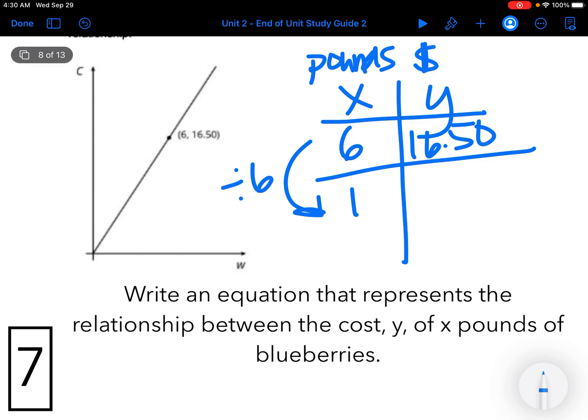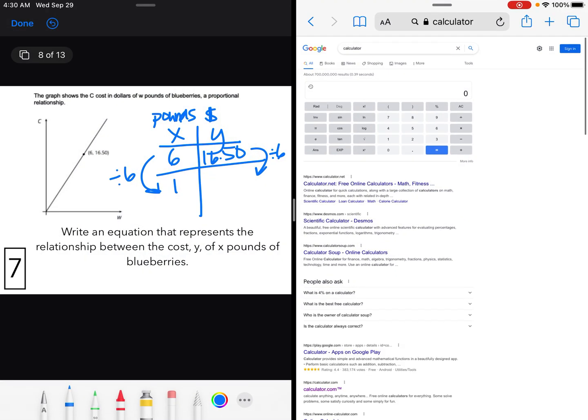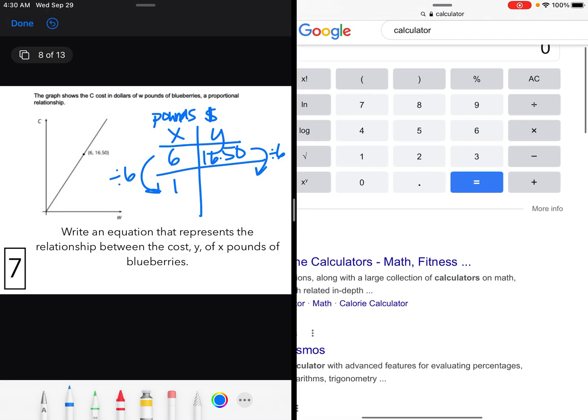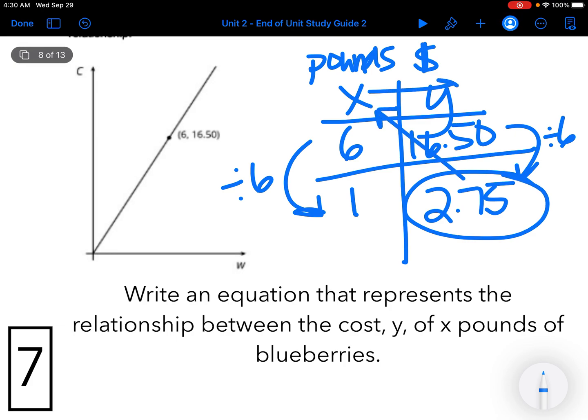I'm going to divide by 6. So I know 2.75x equals y, because 2.75 times the number of pounds of blueberries is going to give me the total cost.